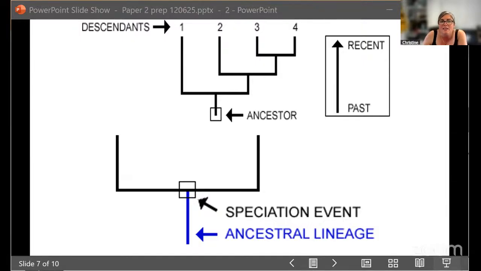So you've got the ancestral lineage here where there are changes. Just to be aware, there are still mutations occurring all the way up here that are changing the organism, but we don't have a speciation event until we get to that point there. So that's the first important bit.